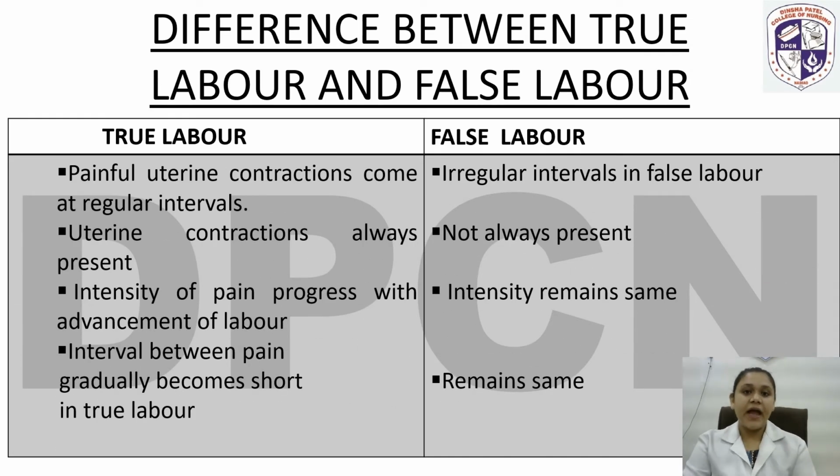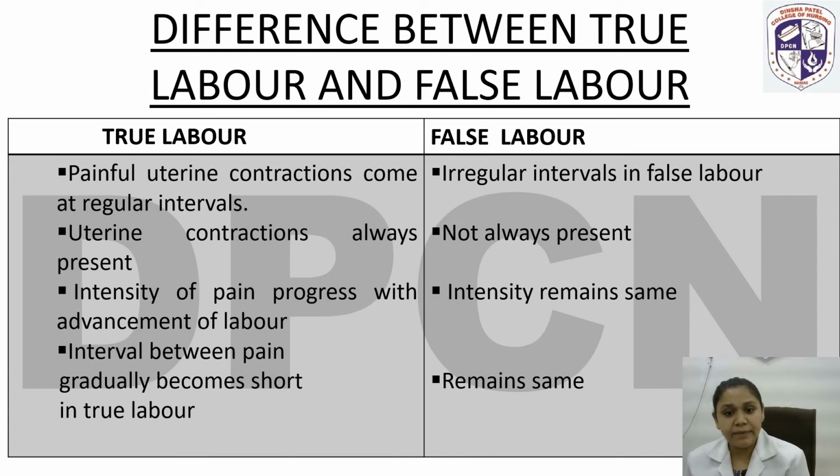Another thing that we have to see is the difference between true labor and false labor, right? What do you mean by true labor and false labor? Painful uterine contractions that come at regular intervals are true labor pain, right? In false labor, irregular intervals are there, that is called false labor pain. Uterine contraction is always present in true labor, and in false labor not always present.